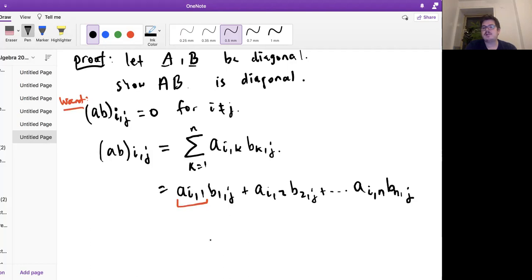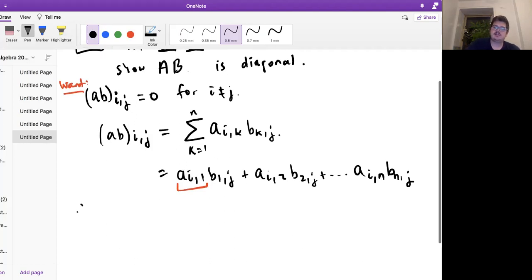When is it not 0? Remember, A is diagonal. So if A is diagonal, ai1, when is it equal to 0?